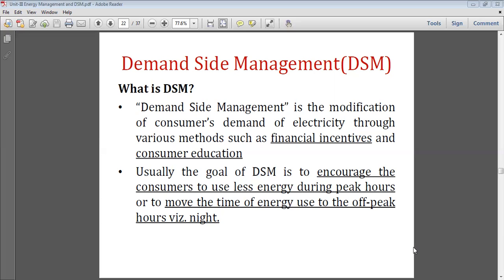So it is necessary to educate the consumer that they should keep the load as constant as possible throughout the 24-hour day. No doubt it is possible for industry.